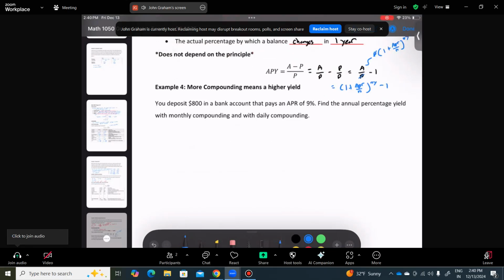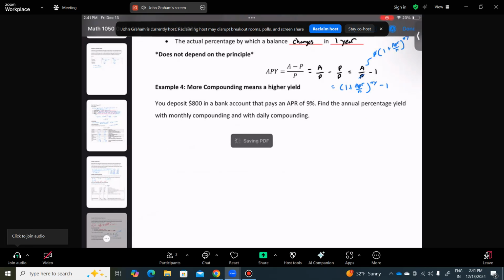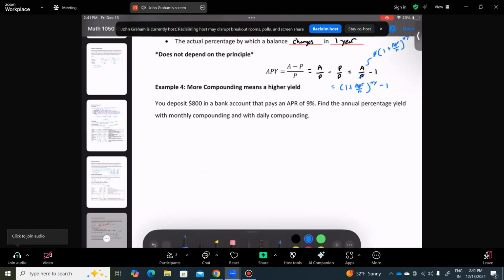All right. So you deposit $800 in a bank account that pays an APR of 9%. Find the annual percentage yield with monthly compounding and with daily compounding. All right, so with monthly compounding, n equals 12. With daily compounding, n equals 365. We'll do this in 2 different times.